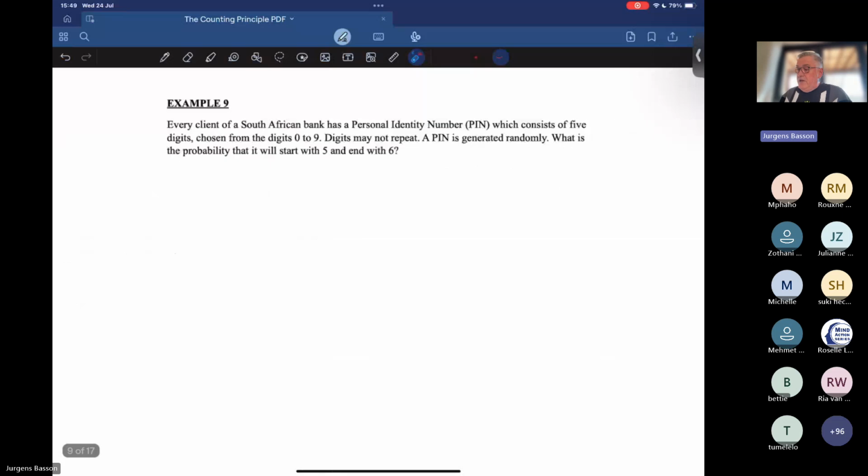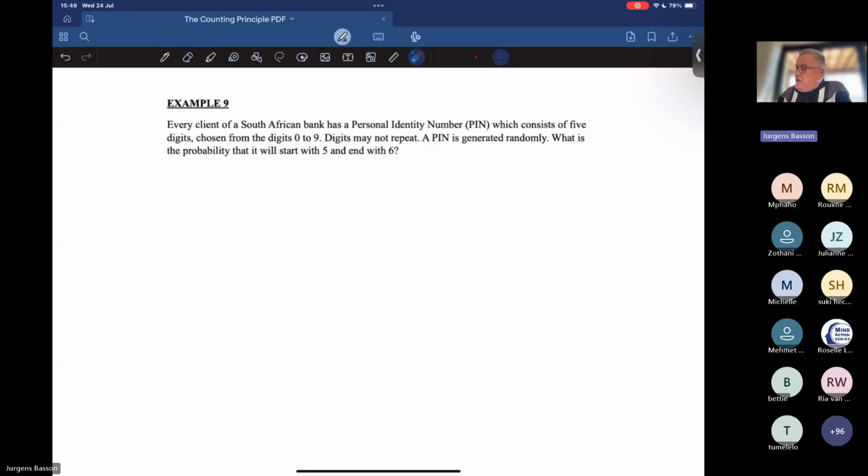All right, let's just look at another one of these. Now, in this question, I say every client of a South African bank has a personal identity number, which we normally refer to as a PIN number. That's now for your ATM card if you want to withdraw money or something.